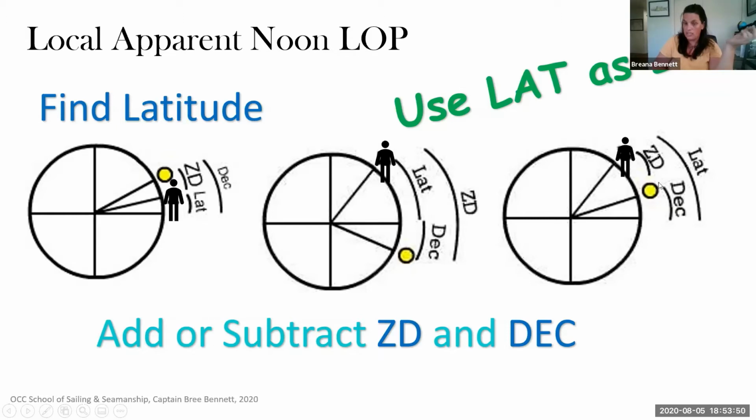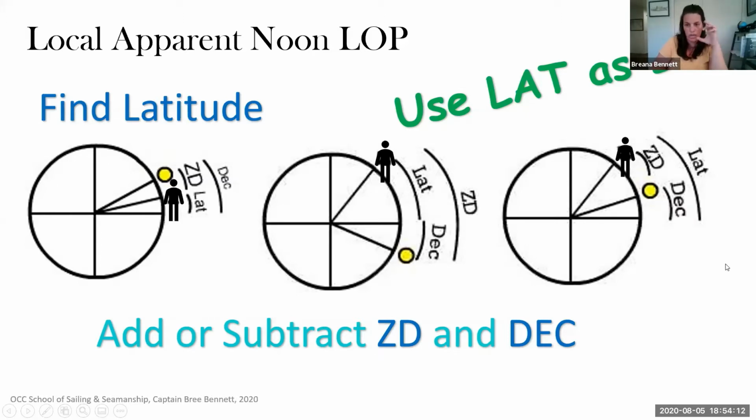So zenith distance is from us to the sun. So the flip side of the middle one is the same calculation, correct? If you're in the southern hemisphere, the sun is in the northern hemisphere? Correct.